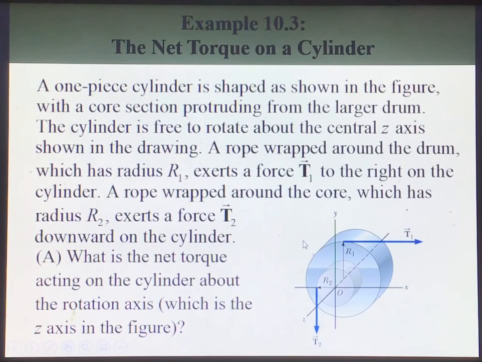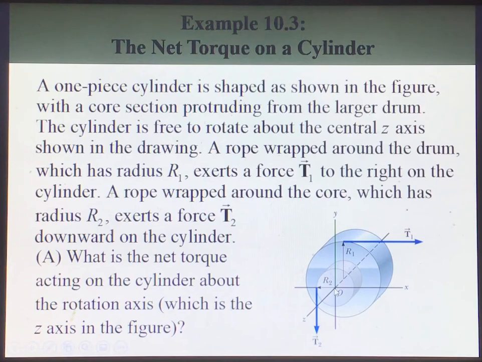All right, so now we're going to look at example number 10.3. In this example, we're going to calculate the net torque on a cylinder. Suppose that you want to calculate the net torque on the cylinder as shown in this picture right here.